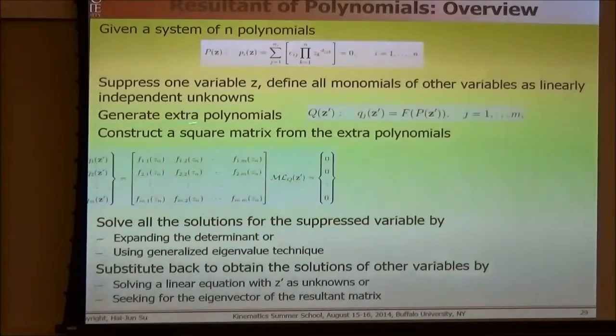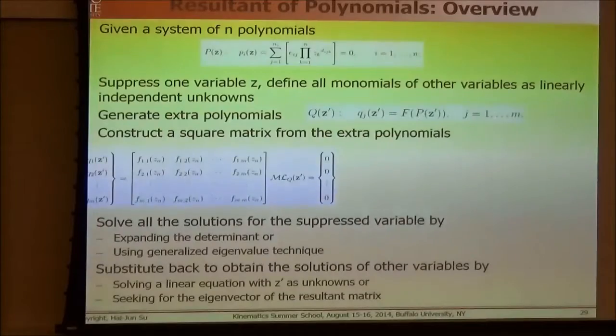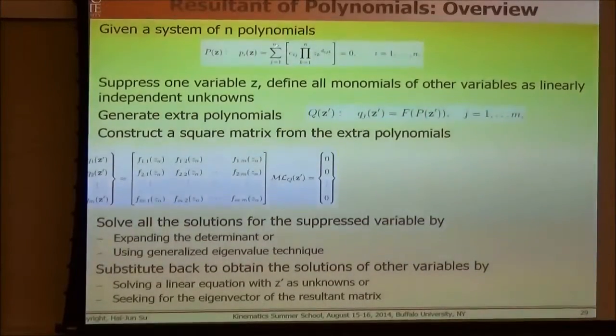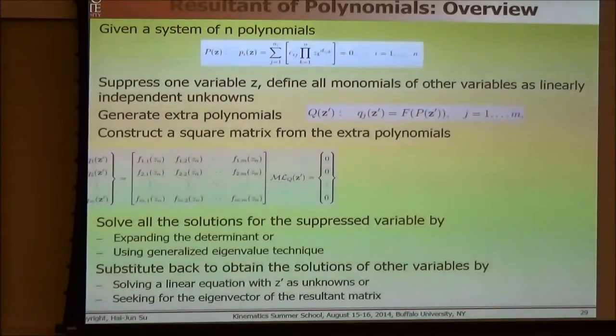Then this third step is the key. Sometimes it's a general approach, sometimes you don't have one. You generate auxiliary polynomials, which contain the variety of the original polynomials. That means if z is a solution to the original polynomials, it also should vanish the auxiliary polynomials.